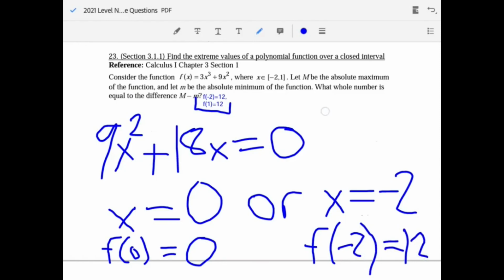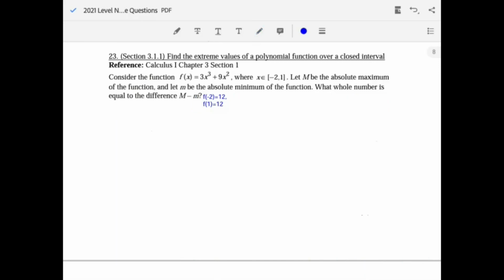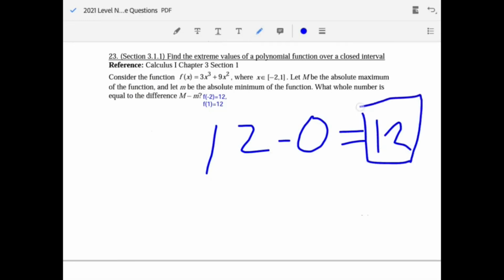So in the closed interval minus 2 to 1, you have 0 and you have 12. So 0 is the minimum, 12 is the maximum, so 12 minus 0 is equal to 12, and that is the answer.